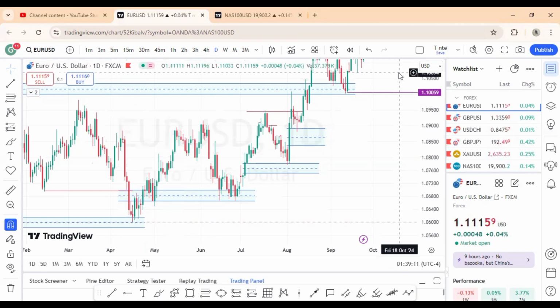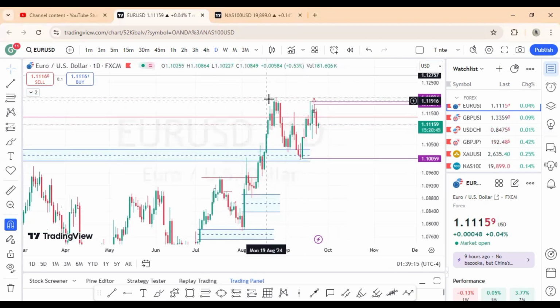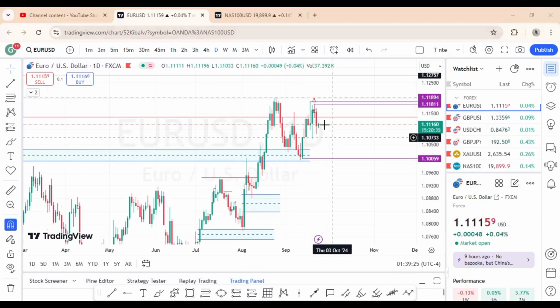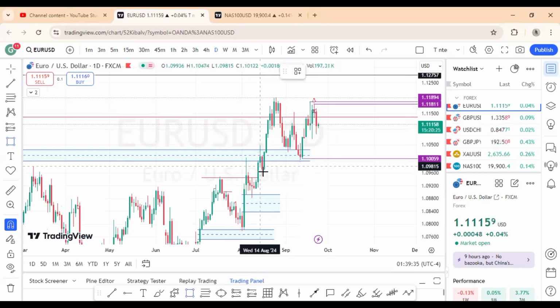So it's logical to say that, since price came back to this inverted order block here and this inverted fair value gap here, it is logical to expect that price is going to make a new high, right? If you look very carefully at this point, you can see that we have an order block resting just there.